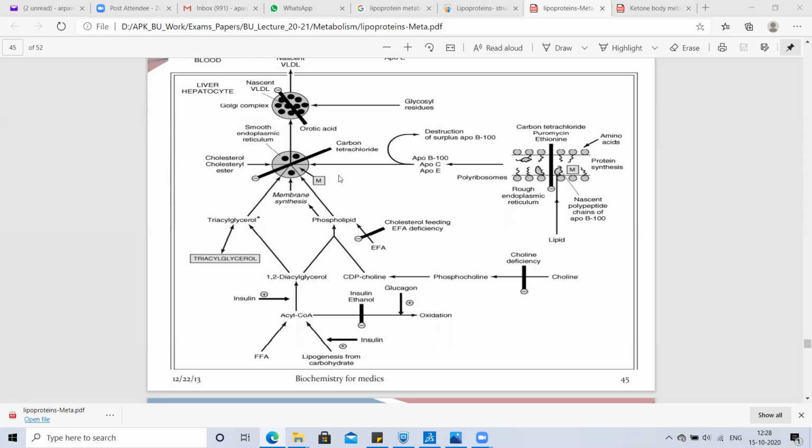This process happens inside the smooth endoplasmic reticulum, and from there all the components get assembled and transported to the Golgi, and from the Golgi, from liver hepatocytes to blood via vesicle mediated transportation. So this is the overall process of synthesis of VLDL and other lipoproteins, and also their transportation from liver hepatocytes to blood.